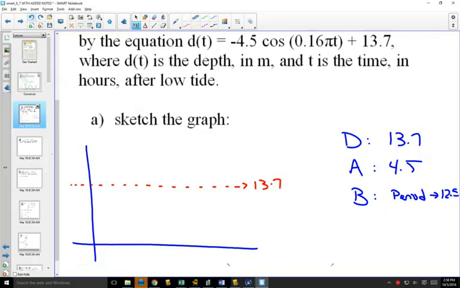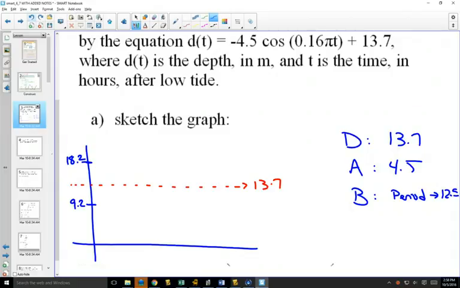And if I'm going to go up and down 4.5, I sort of have to estimate what would be an appropriate spacing for that. So if that's 13.7 and I go down 4.5, that'll take me down to 9.2. Up 4.5 will take me up to 18.2.